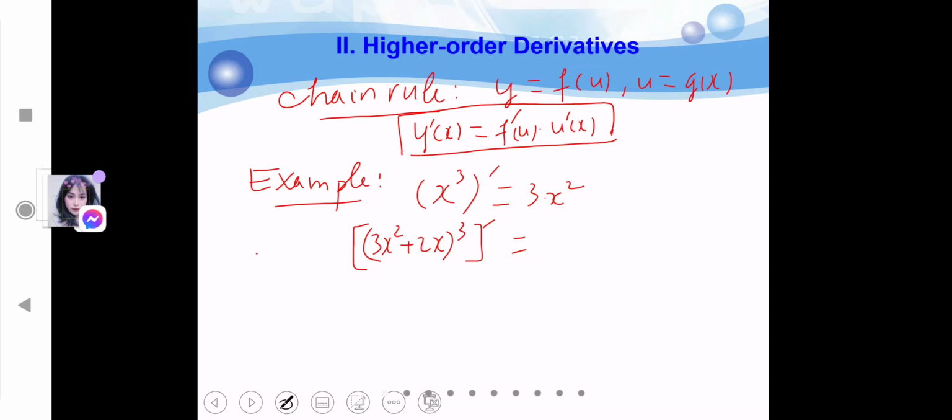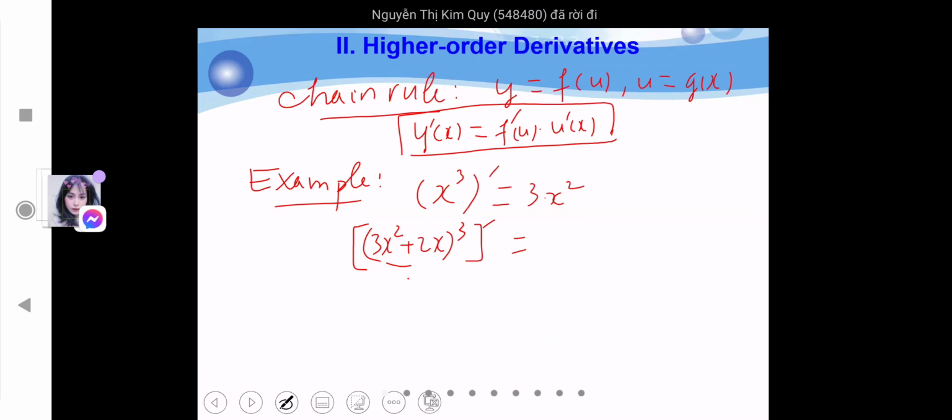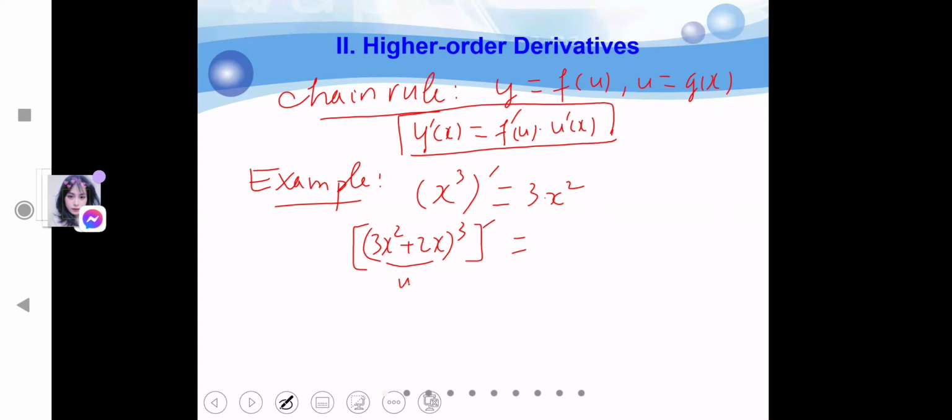For this question, let this expression be u, and we apply this formula: number 3 times u squared. You apply the chain rule. That means 3x squared plus 2x to the power 2.